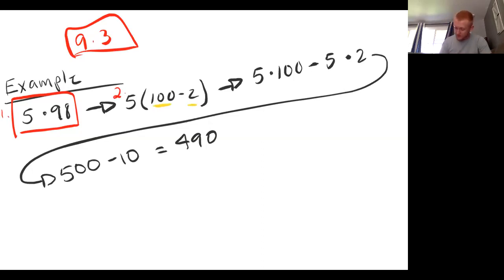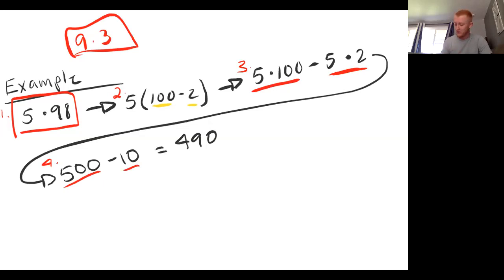Step 3 is to rewrite the problem saying 5 times 100 minus 5 times 2. Step 4, 5 times 100 is 500, 5 times 2 is 10, and then we're going to just subtract 10 out of 500, giving us 490.